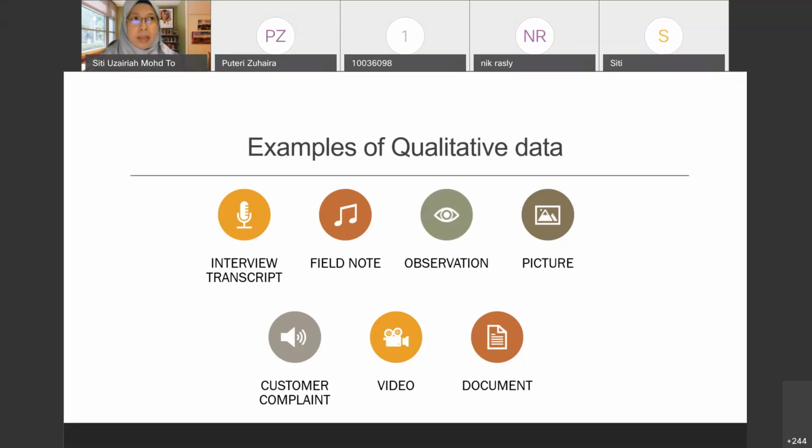You cannot look at qualitative as weak data, because like the example I gave you earlier, some problems you can solve using quantification. Some you need to seek the understanding of why, the reasoning why. So that must be qualitative data. It's not that qualitative data is weak.